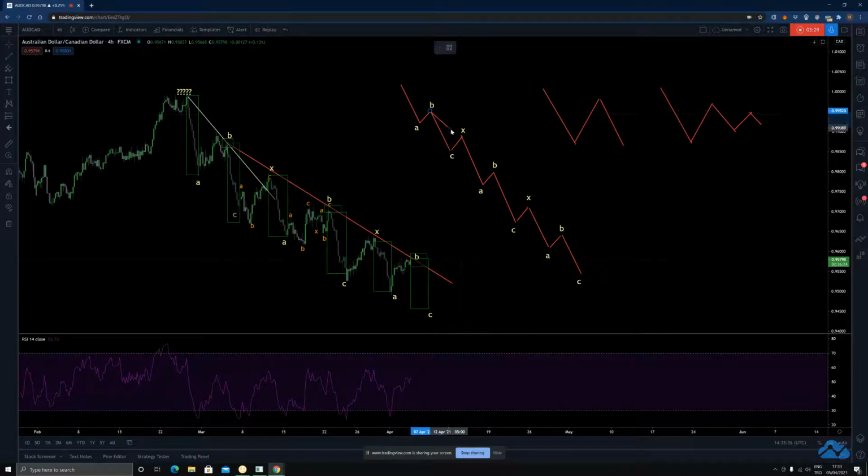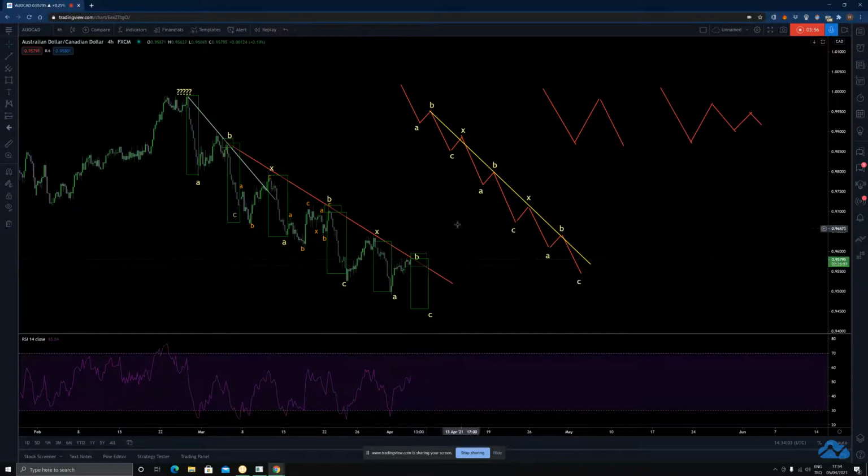Look, whenever you connect the first B and the second B and project it on the right side for the future price action, the third B wave is supposed to come to this trend line. So if in this oversold condition you were thinking about buying, you could have made a good amount of pips by doing that. That was not a bad trade idea.